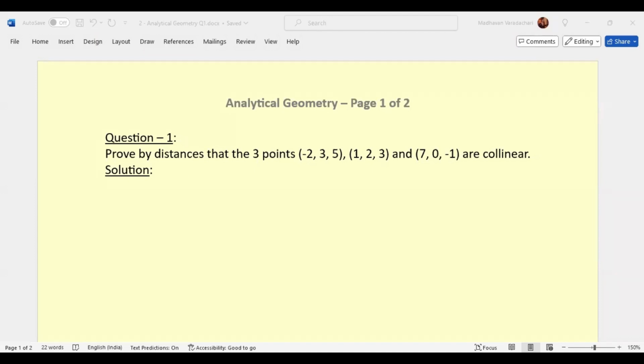In the previous video, we had already seen for two-dimensional geometry the formula for the distance between 2 points.